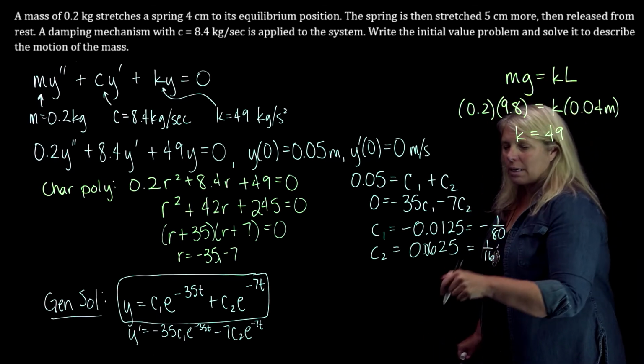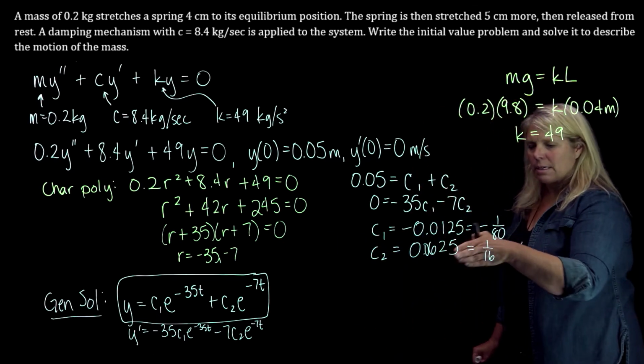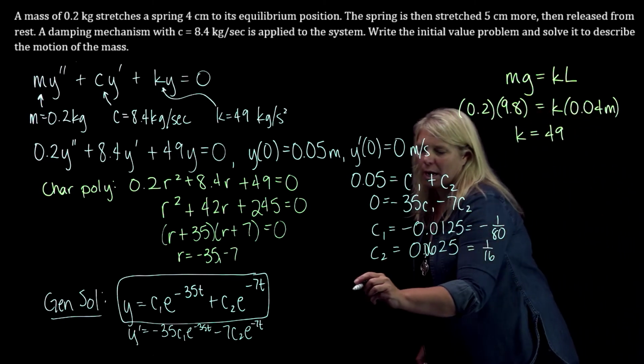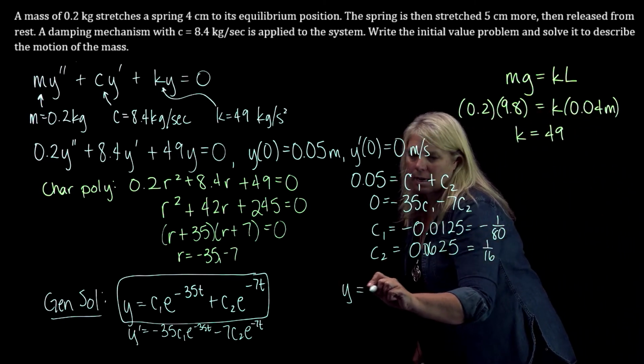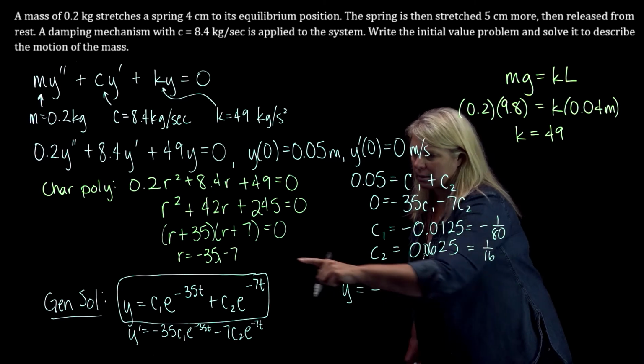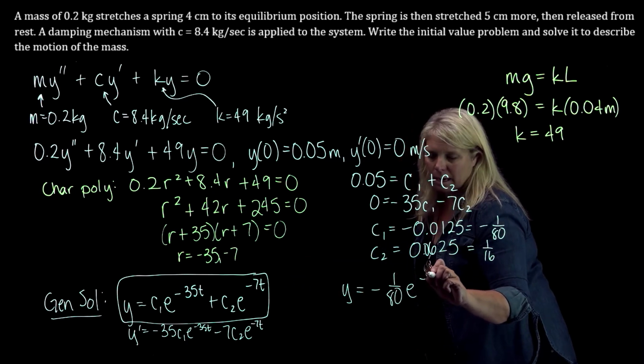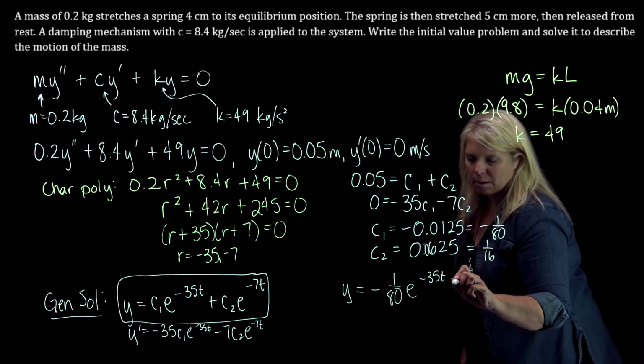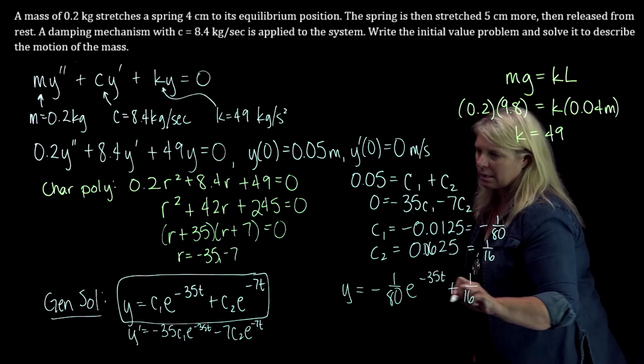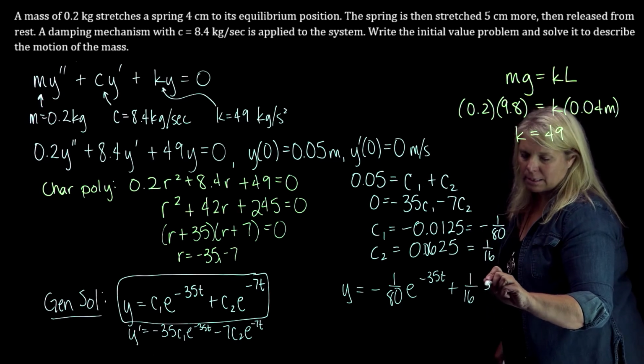And so we put those in, and we can write our general solution either with the decimals, or I'm just going to use the fractions here for my coefficients. So y equals, make sure you put the right constant in the right place, negative 1/80th e to the negative 35t plus 1/16 e to the negative 7t.